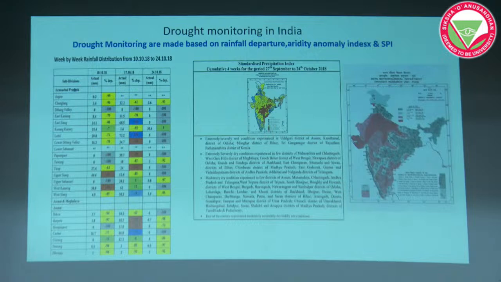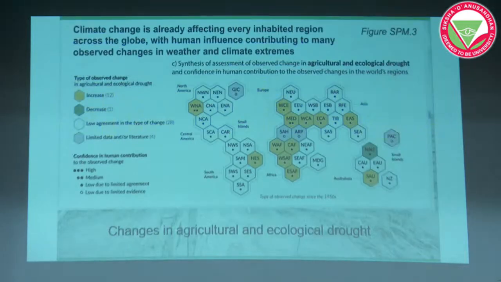If you see, as far as drought is concerned, a number of indexes are there, and now SPI is working fine. 150 countries are working on SPI for drought monitoring. Also, if you see this picture very carefully, throughout the world we depicted what the drought status will be. Only one part, North Australia, will be positive, where no drought is there.